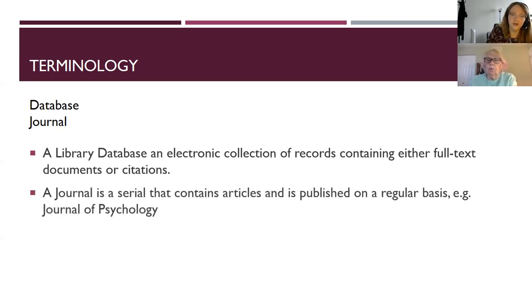And then the journal is like the specific publishing entity, right? It's the serial, it has articles that are published on a regular basis. I think of like Journal of Psychology, you know, Journal of American Medical Association. So those, again, they're published typically monthly, sometimes even weekly. And so it's within those journals that you'll find the research articles.